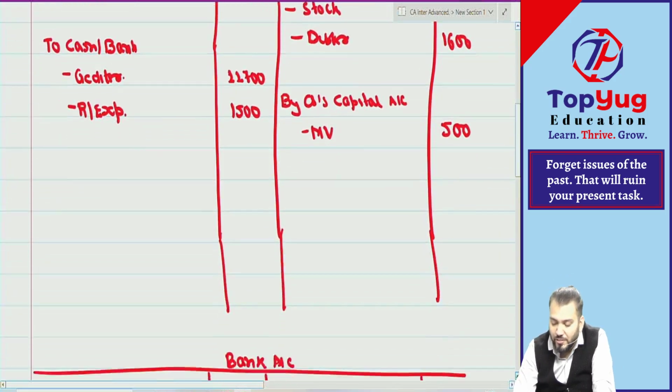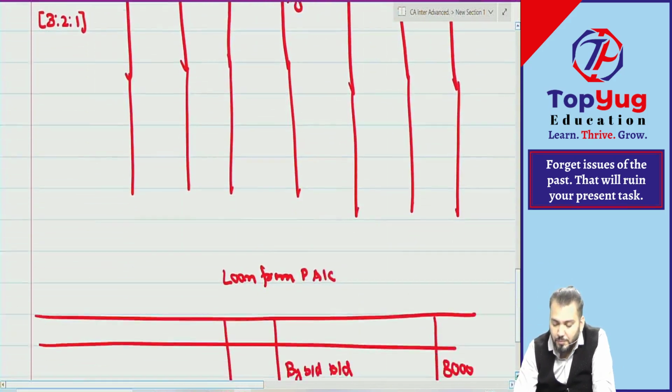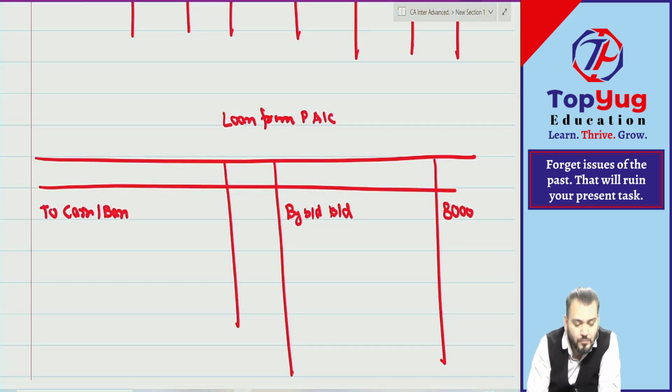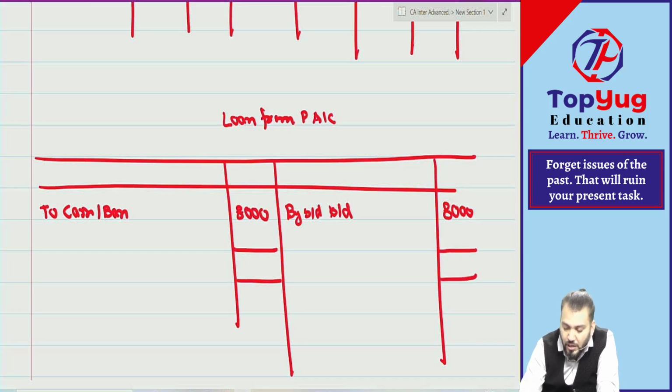Then P's loan was also paid to cash or bank. How much? It was paid what amount? Amount is given. If not given, we'll assume what? Book value. This account is closed.